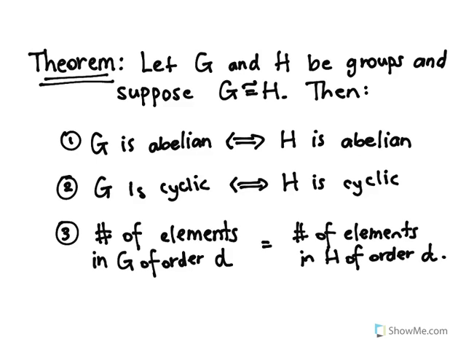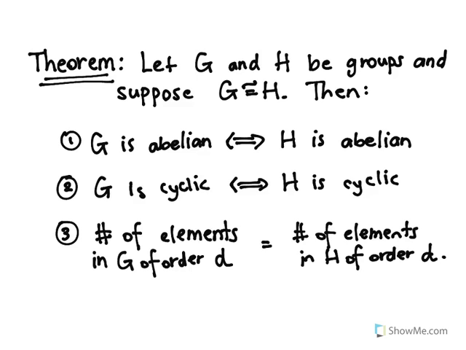Namely, if I pick some number d, the number of elements in the group G that have order d is the same as the number of elements in H that have that order d. These are a few examples of the group theoretic properties that we've met, and the statement is that isomorphic groups are the same as one another in all of these properties.